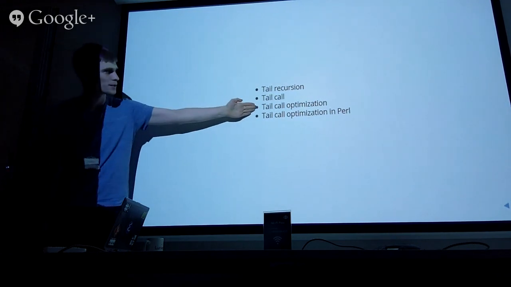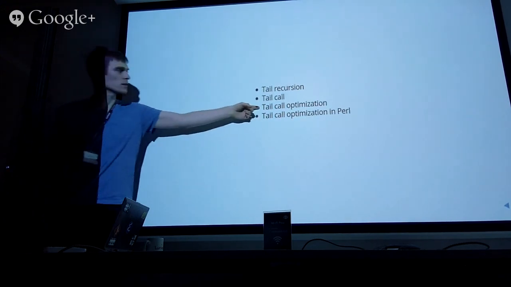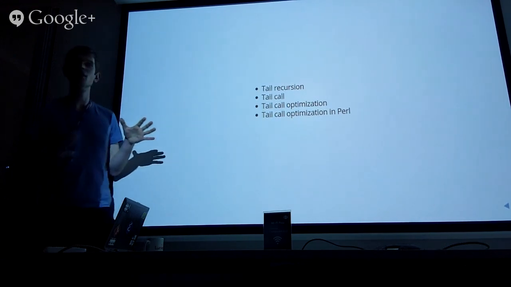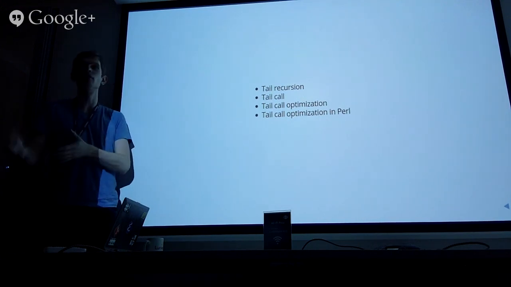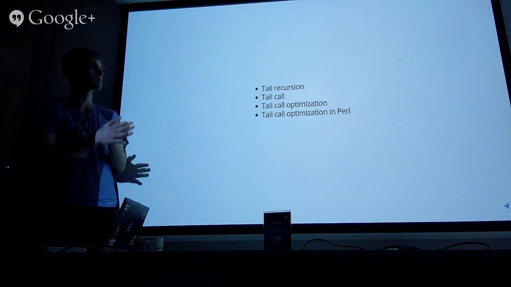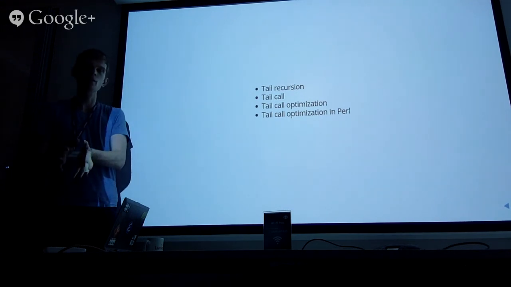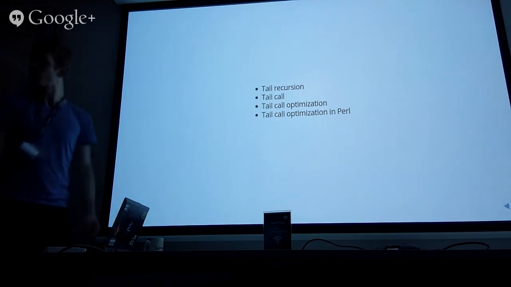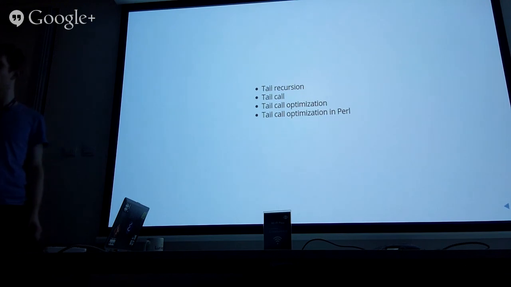Tail call optimization is basically a term for saying that the language itself has it implemented. For example, when it sees a tail call, it can optimize it somehow. You will notice that you're not using any other variables or data on the stack frame, so basically you don't create any other stack frame.